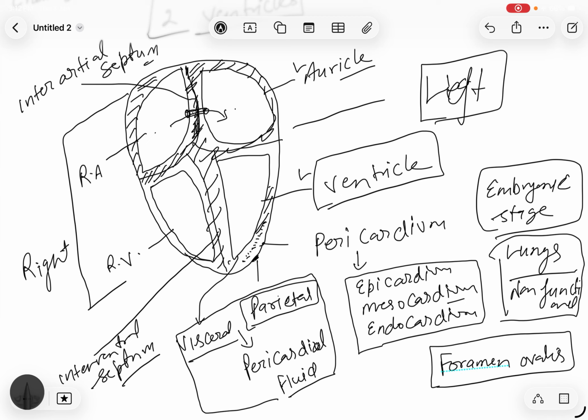Later on, after child birth, this small opening starts filling slowly, and a pit is produced here, known as the fossa ovalis.